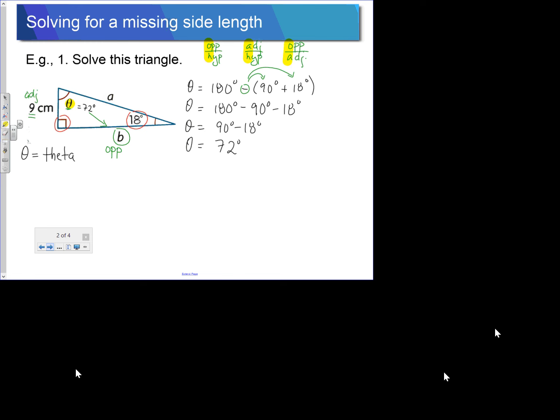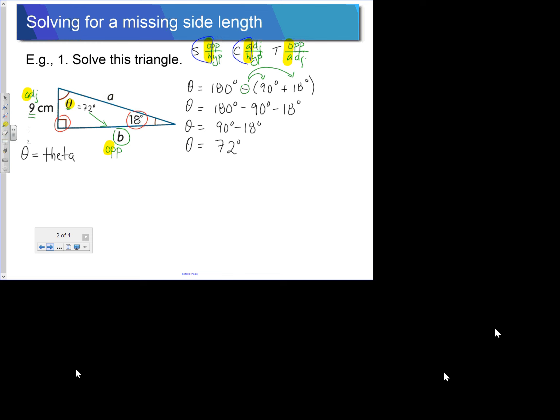And that's what we have here. We have the opposite side and the adjacent. And we also know that this one is the sine, cosine, and the tangent.